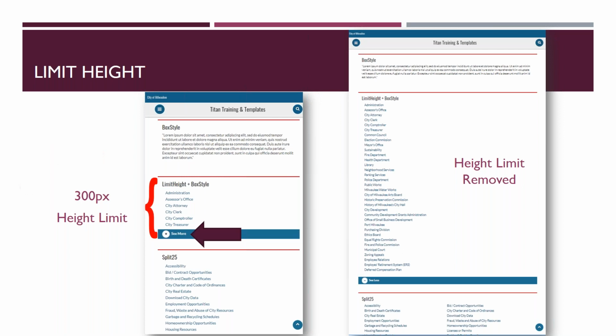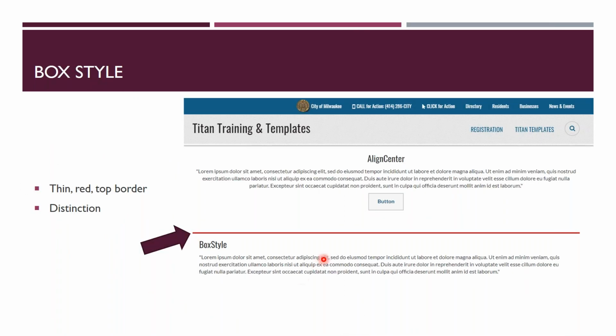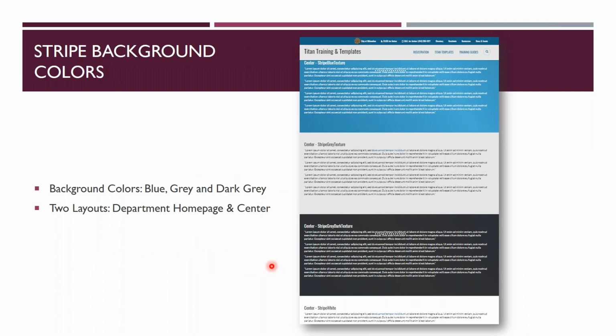All right, and so the next block attribute is a decorative attribute. It's the box style. It basically adds distinction to a section of content by placing a thin red top border to separate it from the surrounding content. So that's just a decorative element that you can add called box style. And then there are the stripes that I told you about.